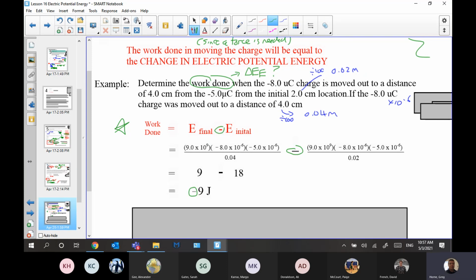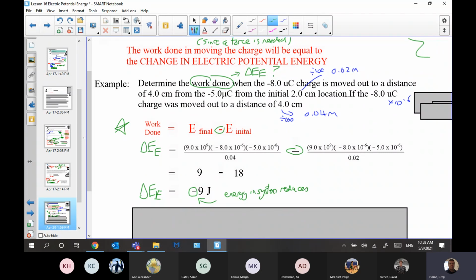We got a delta E, a change in the electric potential energy. So the change is that it reduced. Let me add that in the box down below: energy in system reduces.